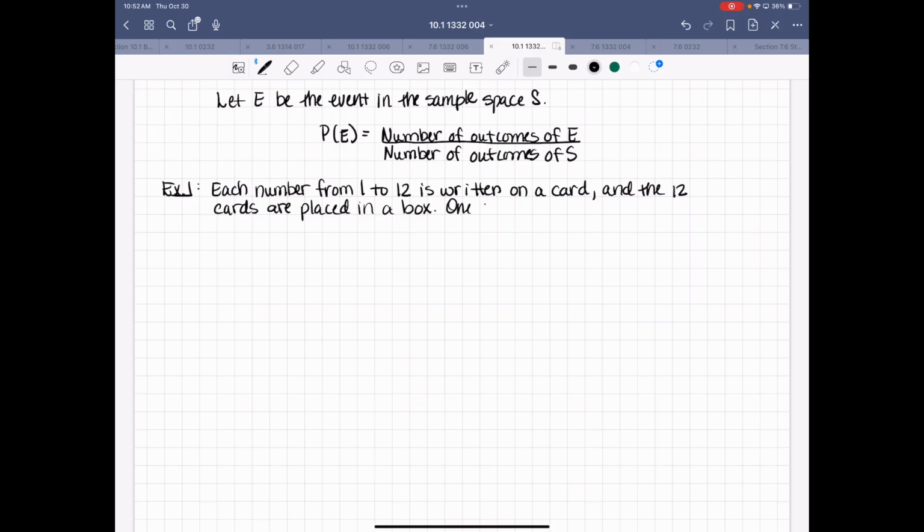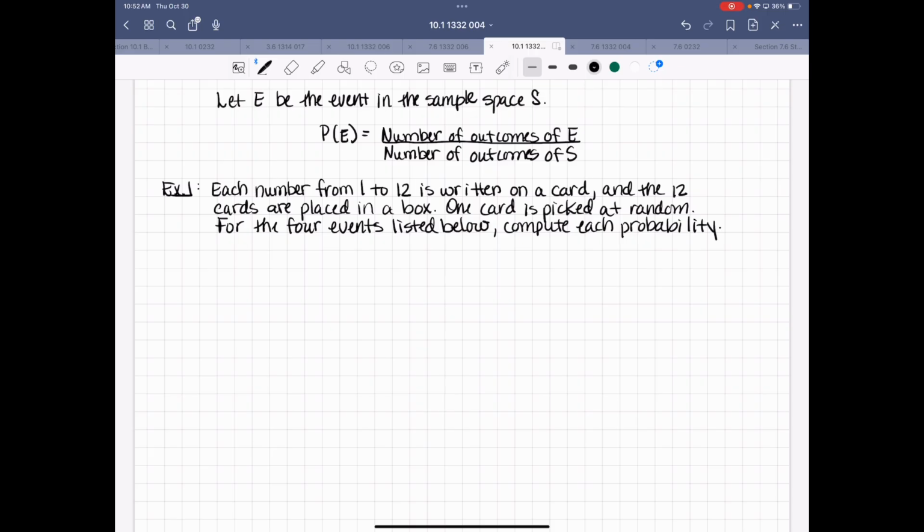One card is picked at random. For the 4 events listed below, compute each probability. Okay?